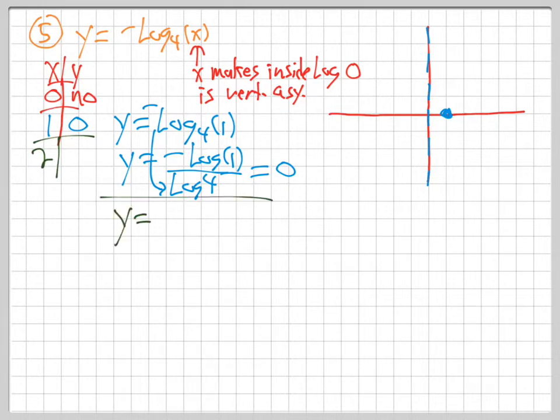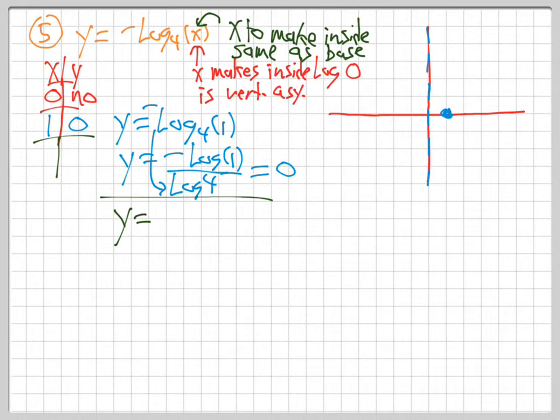Remember what we could do 2, but what's going to be easiest is to pick a number, 2, or the x, to make the inside the same as the base. That'll make it easy.